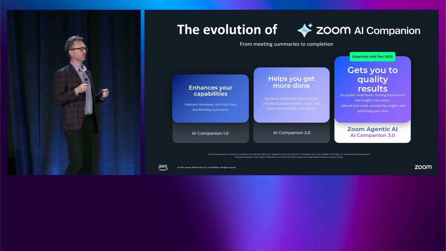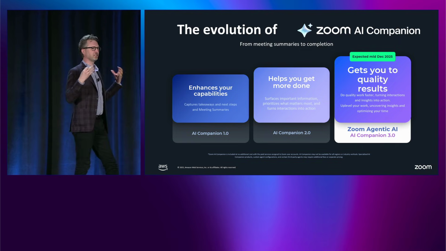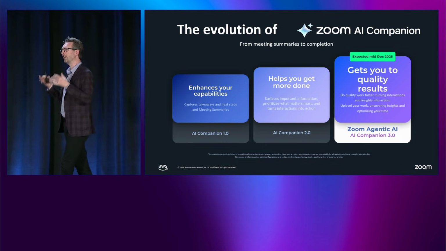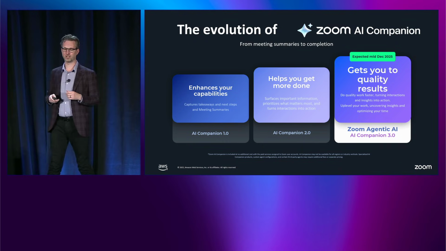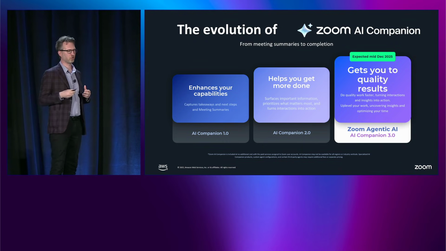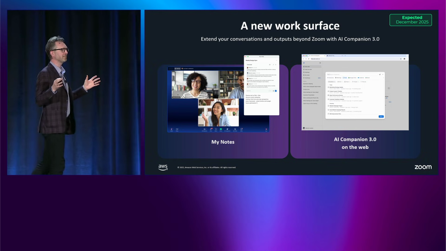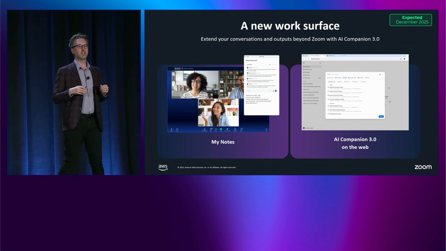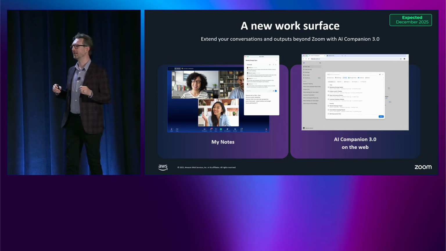Now, in order to have something that's really agentic, we can't just work within our product. We have to be able to meet people where they are. And so with 3.0, we're expanding this platform to work across someone's day-to-day. You're seeing two examples here in the slide.